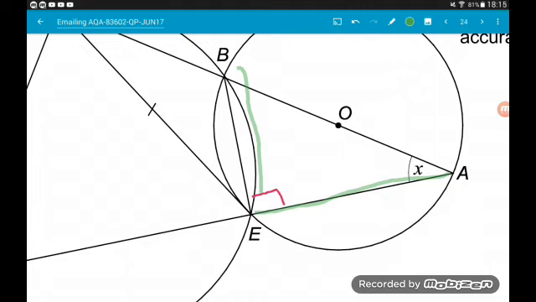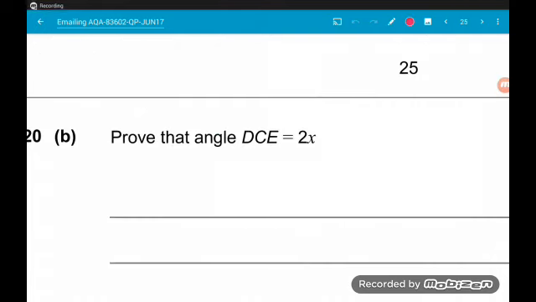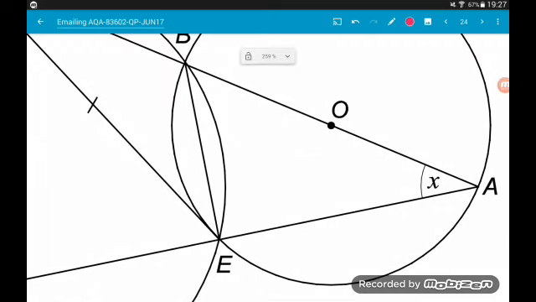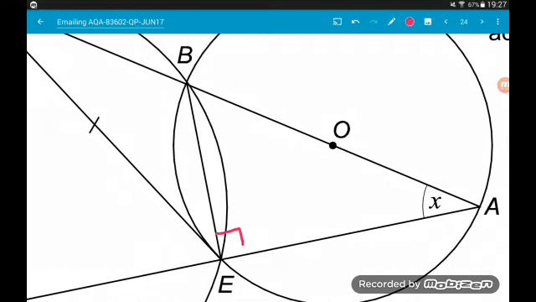Okay, this is about to get a lot funner in part B. And then for part B, we want to prove that angle DCE equals 2x. So, back to the diagram for this. So, we've already said in part A, this angle is a right angle. That means then, the third angle inside this triangle, ABE, is 90 minus x.